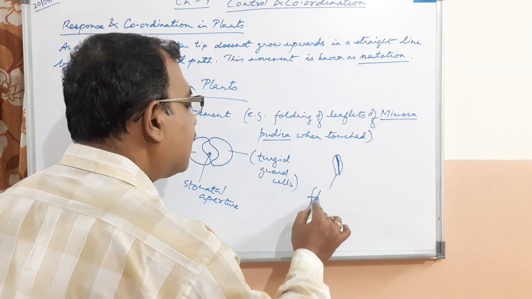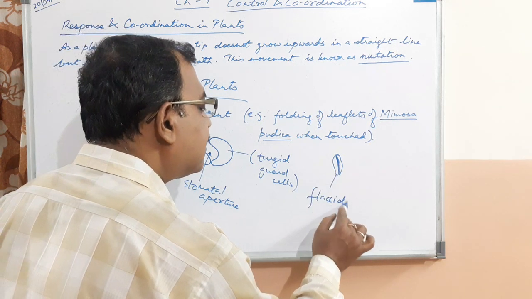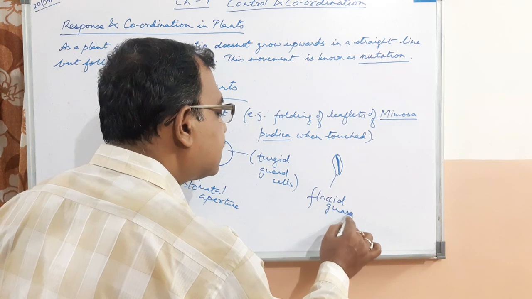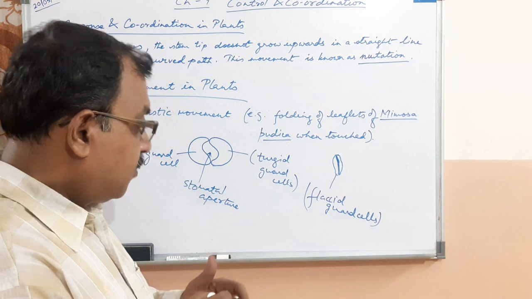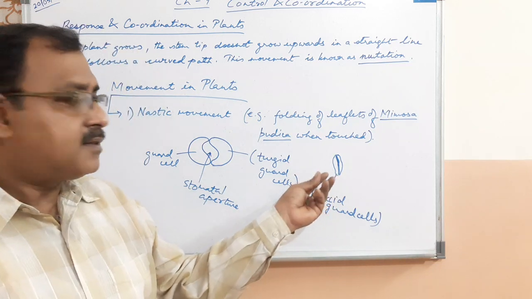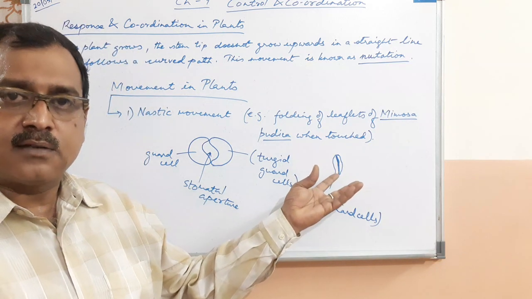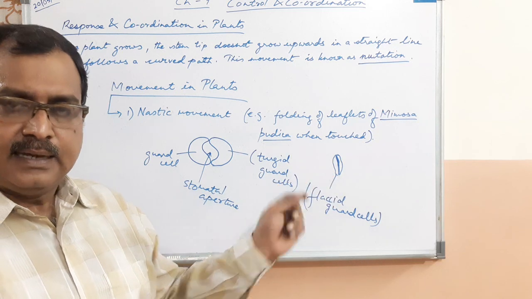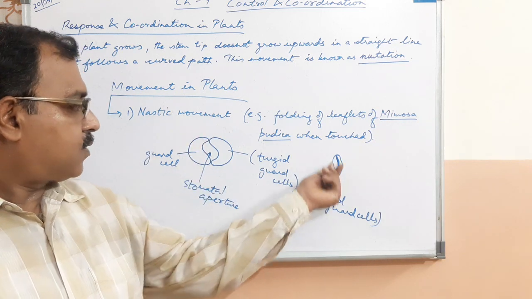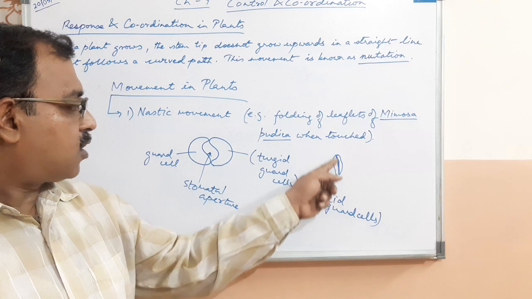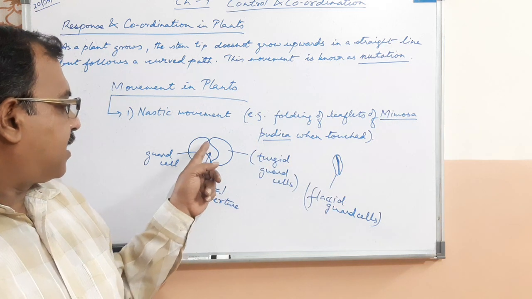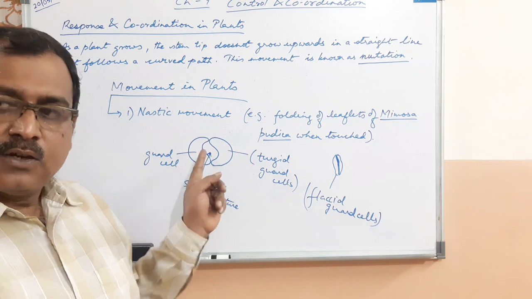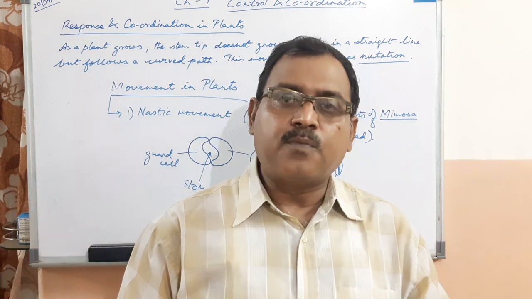These are called flaccid guard cells. So what happens is, when water is lost by the guard cells, they become flaccid. They become flat and you can see closure of the stomatal aperture. No aperture is seen in the middle, whereas here a clear aperture is seen. So this is the next movement which is shown by stomata.